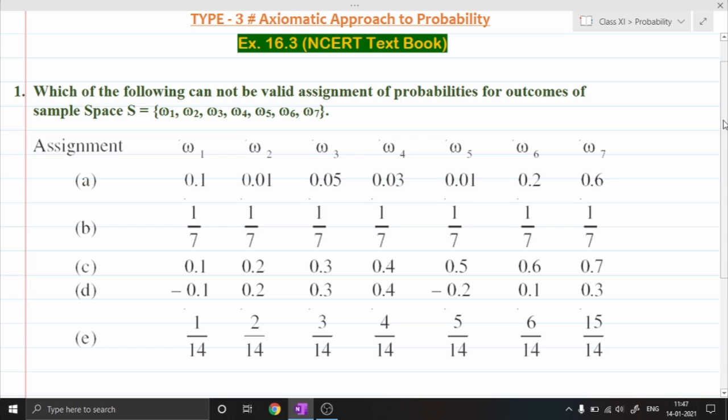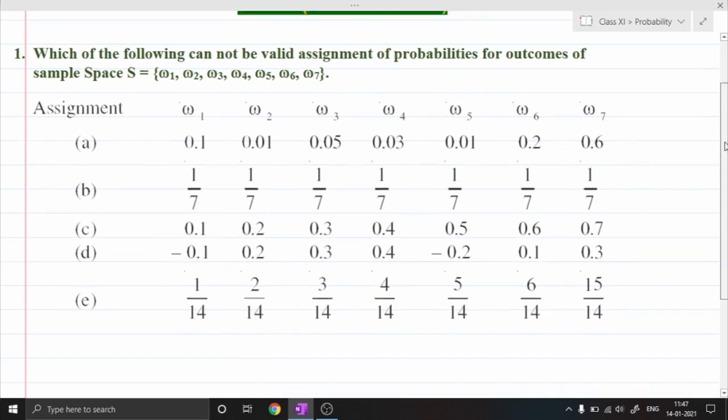0.1, 0.01, 0.05, all values you see are positive and they lie between 0 and 1, including 0 and 1.